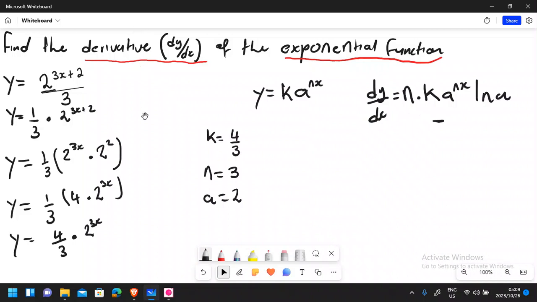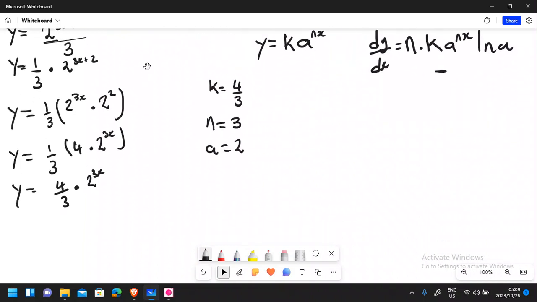So let me just create a little bit of space here so that we can answer this. So if we say dy over dx of this function here, remember this is the function that we focus on. We can start now. We have n. What is our n? Our n is 3, so we can say 3.